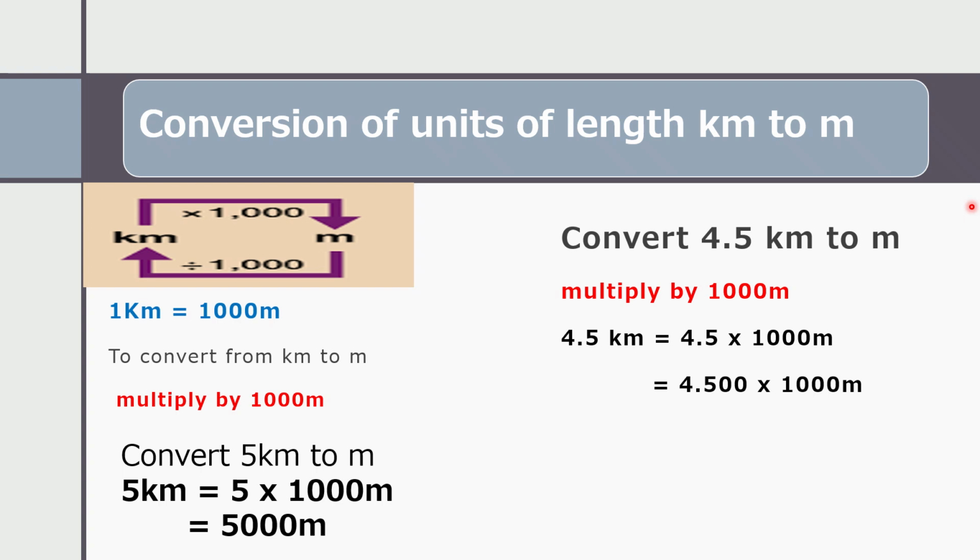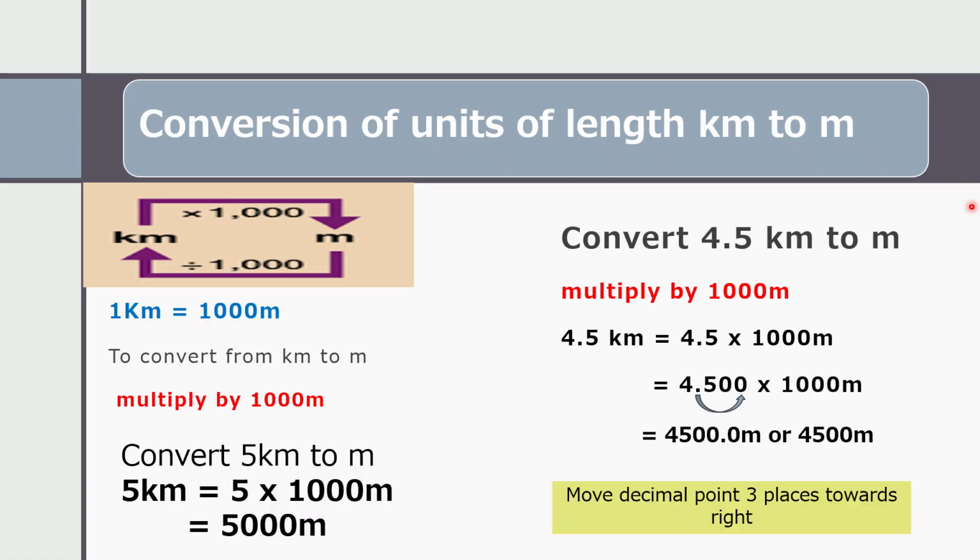The decimal point will move 3 places towards right, and then our answer will be 4500 meter. We will write in both ways 4500.0 meters or 4500 meters. So what we did is we just moved the decimal point 3 places towards right to get the answer after multiplication.